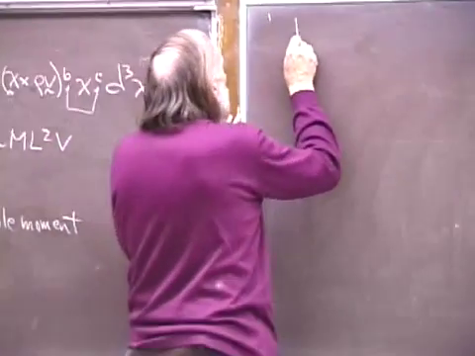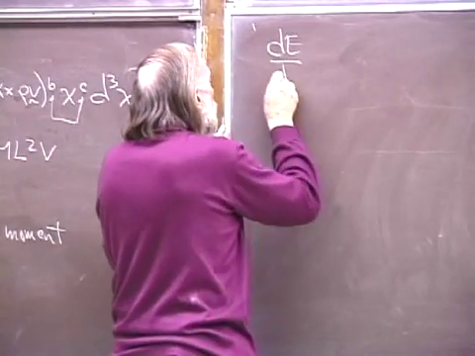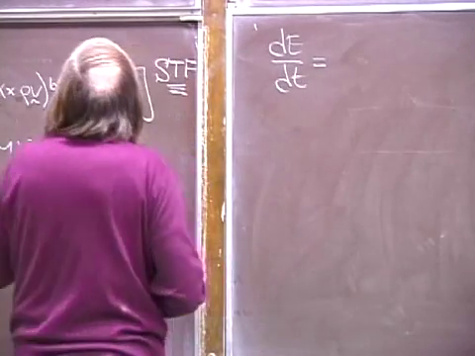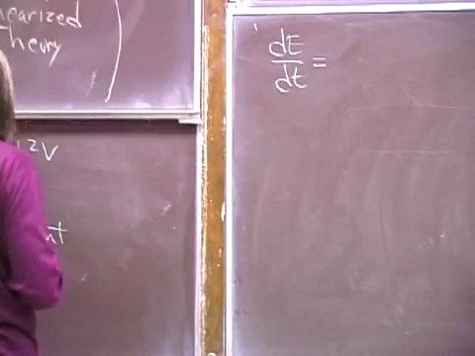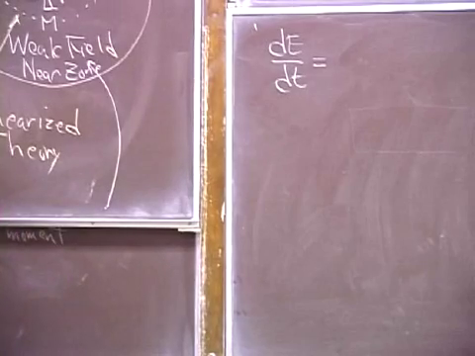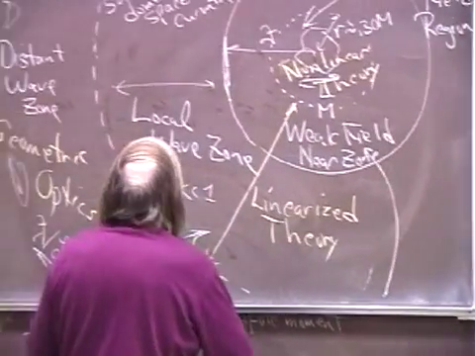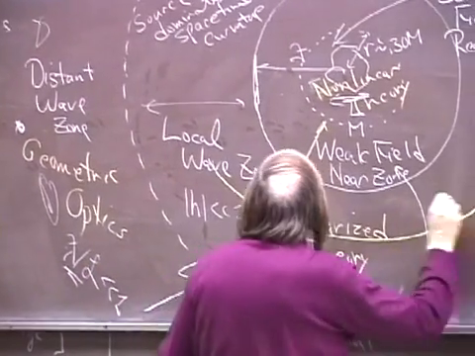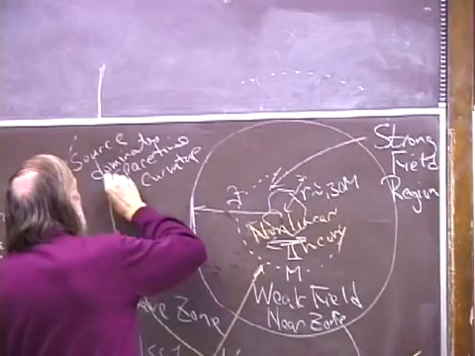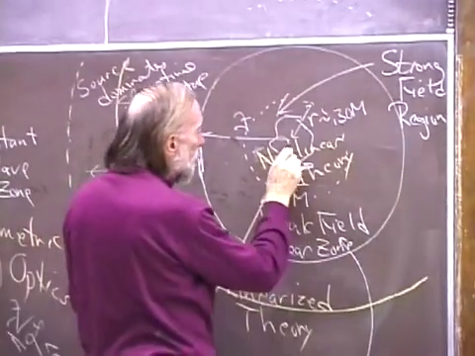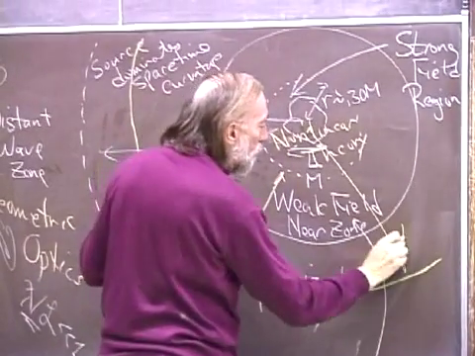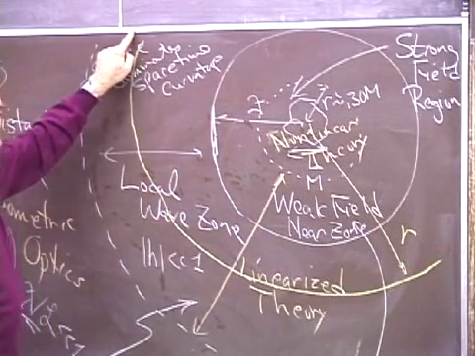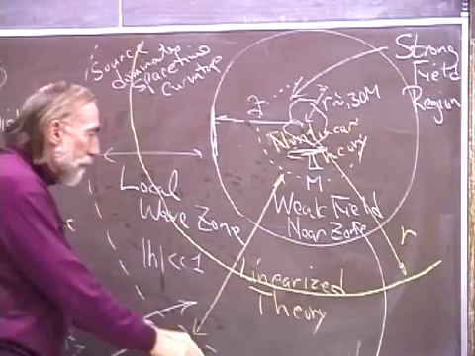So the rate of loss of energy from a source obviously should be computable by just doing an integral of the energy flux out here in the local wave zone. So I go out into the local wave zone, I build myself a sphere of radius r out in the local wave zone. And I look at the radial component of the gravitational wave energy flux, and I just integrate it over the sphere.